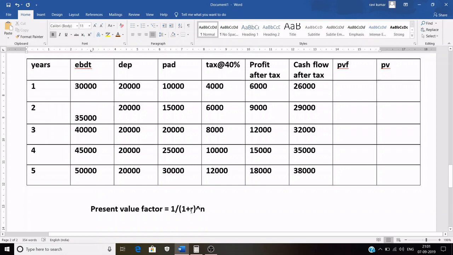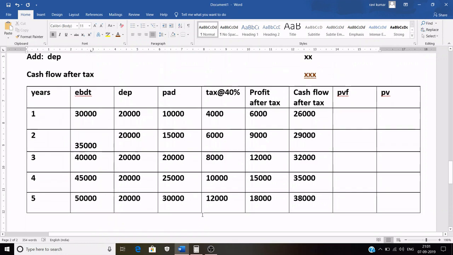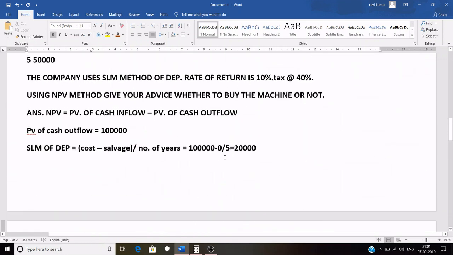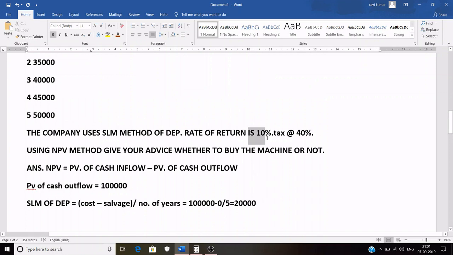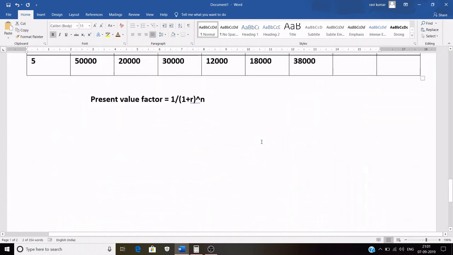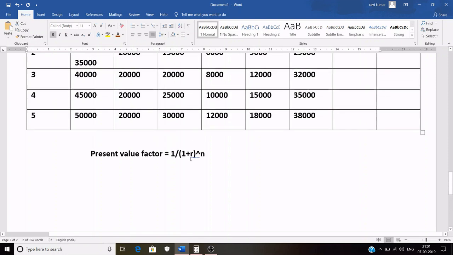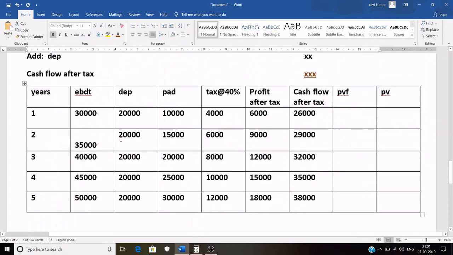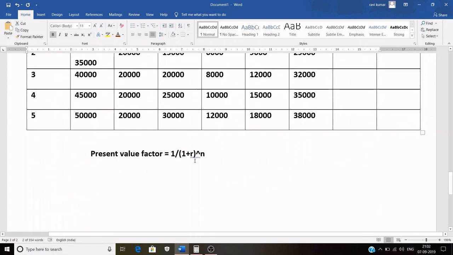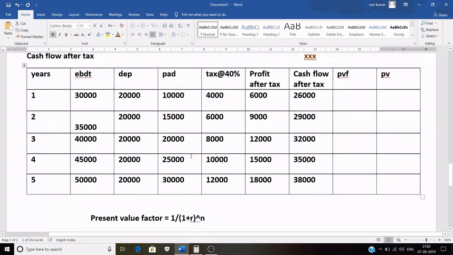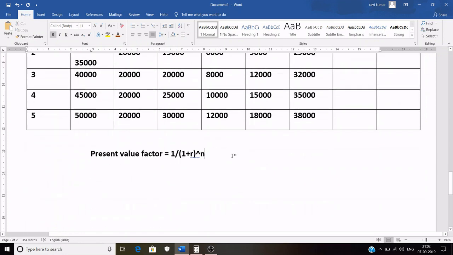R is our rate of return and n is the number of years. Our rate of return is given, that is 10%. You can see here that our rate of return is 10%. So our R is 10%, and n is the number of years. If we are calculating the present value factor of the first year, then n would be 1. If we are calculating the present value factor of the second year, then n would be 2.